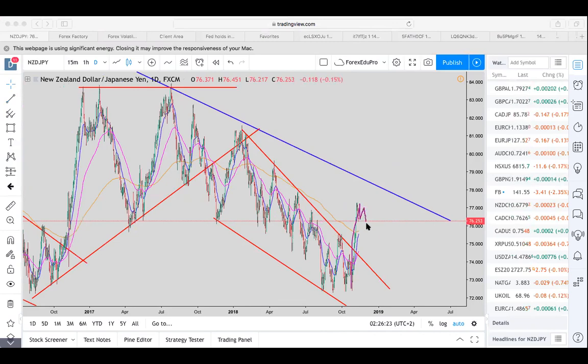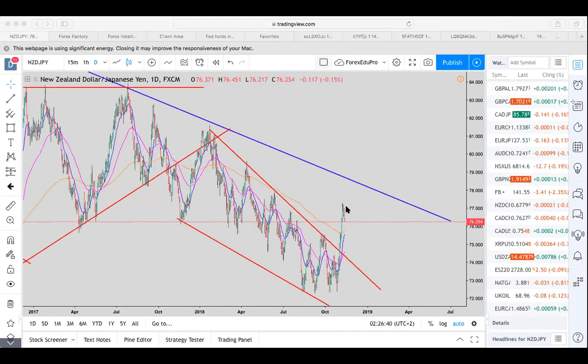I'm looking for this now. I want to target this point here. Something over here I want to target to take it up. Can you see? I've already planned this.